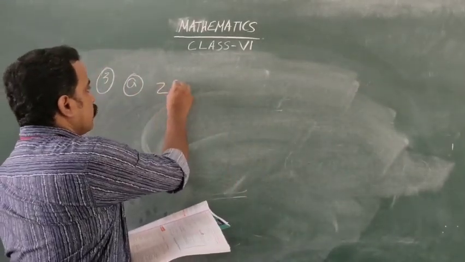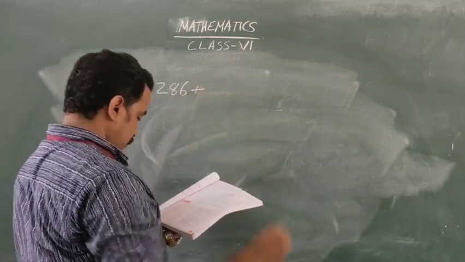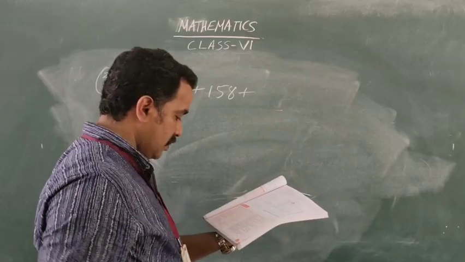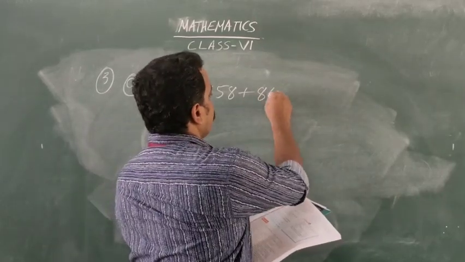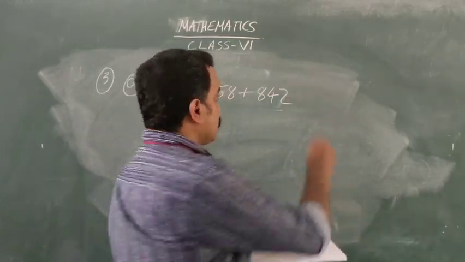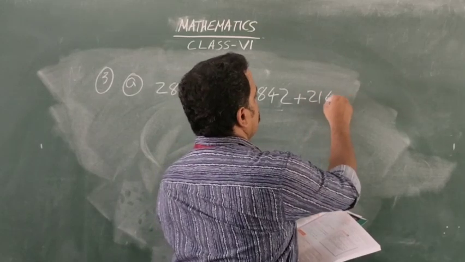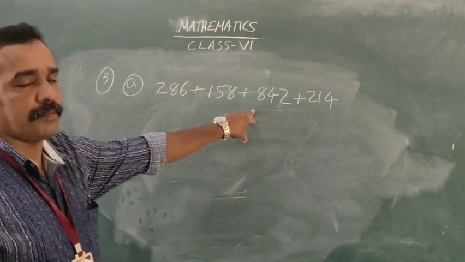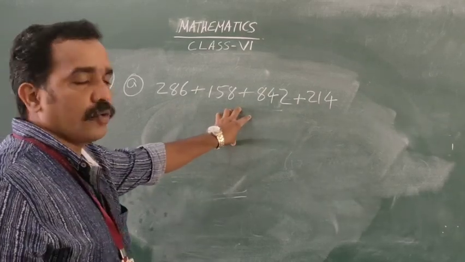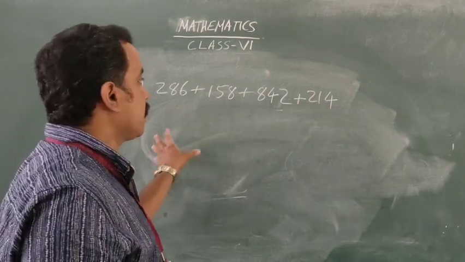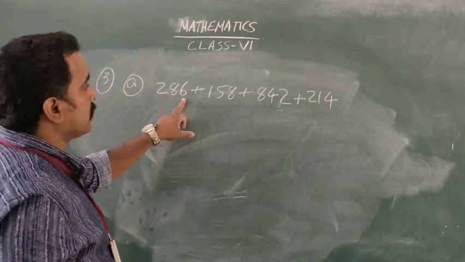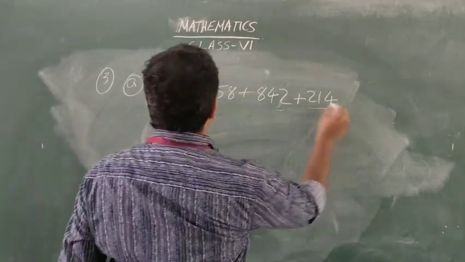Four numbers are there: 286 plus 158 plus 842 plus 240. Look at these numbers. In which way can we group them to make it easy to add? So 286 and 214.